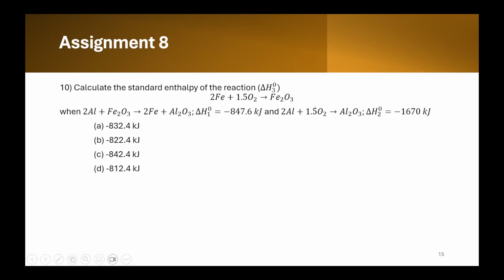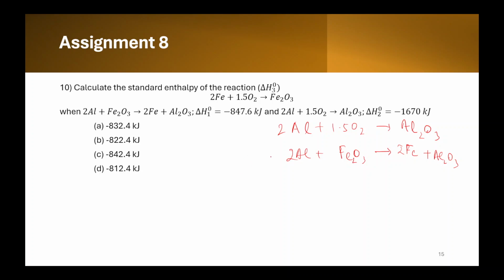So suppose we write 2Al plus 1.5 O2 giving Al2O3, and then we again write 2Al plus Fe2O3 giving 2Fe plus Al2O3.